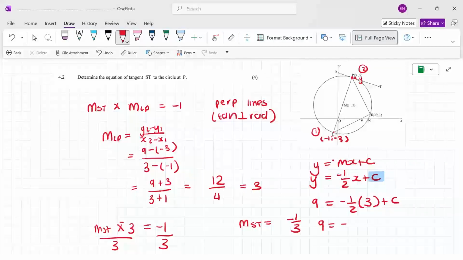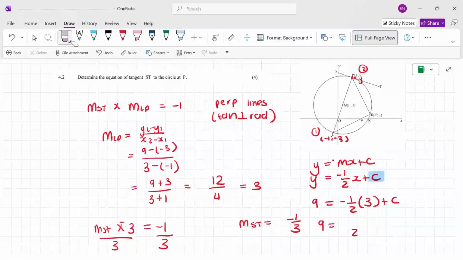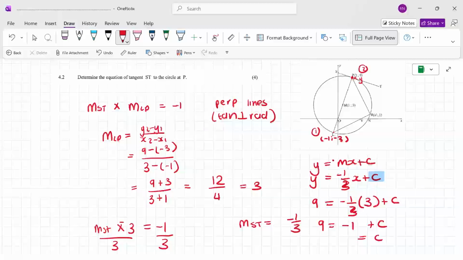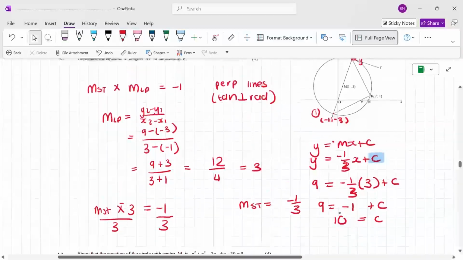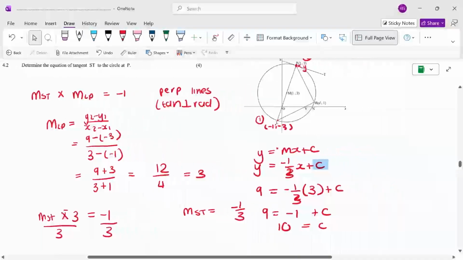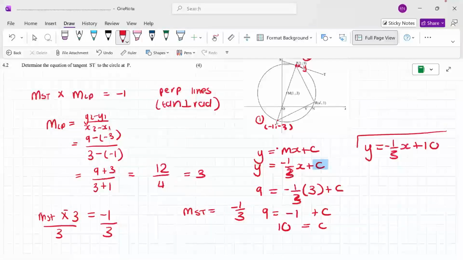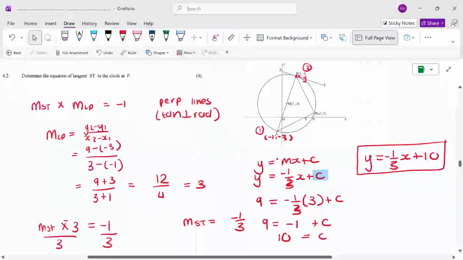That gives me 9 equals -1 plus c, and so c is equal to 10. And so my full equation is y equals -1 over 3x plus 10. That is my equation for that tangent.